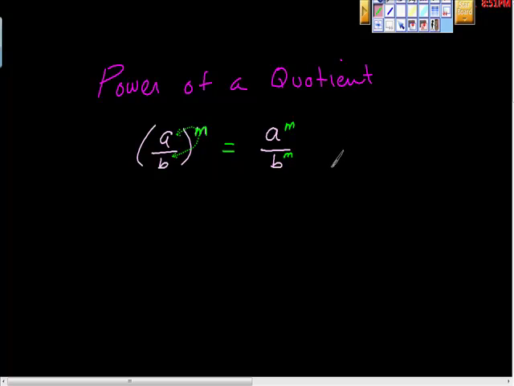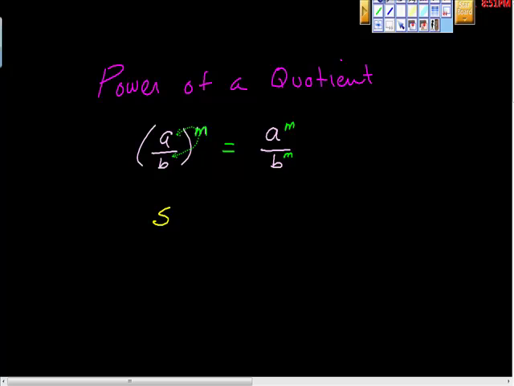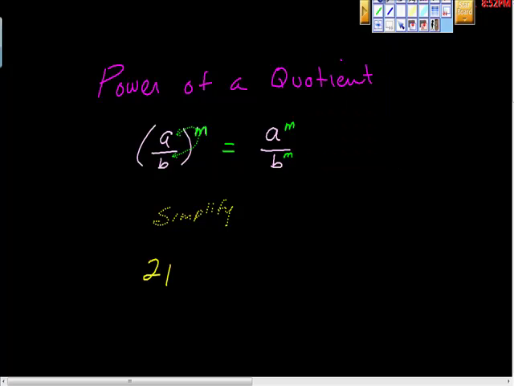So the quick example that the book gives us is this. The book asks us to simplify 2p squared over 3, whole quantity raised to the 4th power.